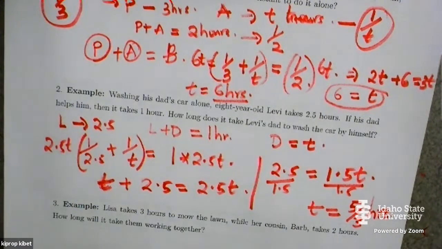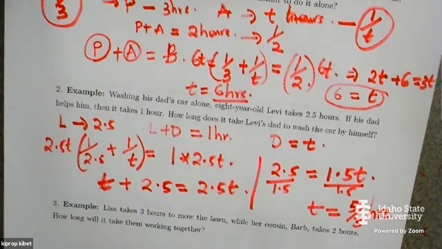So you can convert this to hours or to minutes, or you can just leave it like that. So 5 over 3 is 1 and 2 over 3.